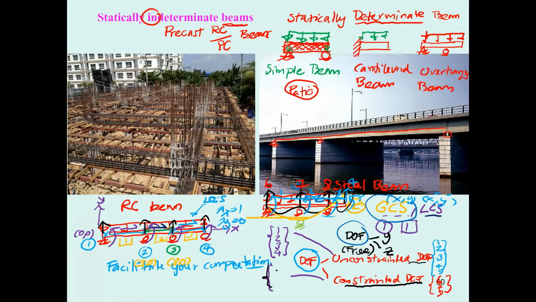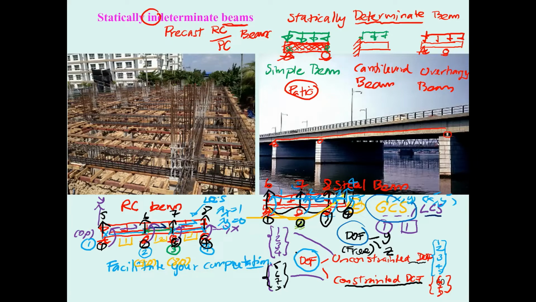That is going to be 5, 6, 7, 8. You can see these two problems have 1, 2, 3, 4 nodes, and this one 1, 2, 3, 4 nodes with 3 members.